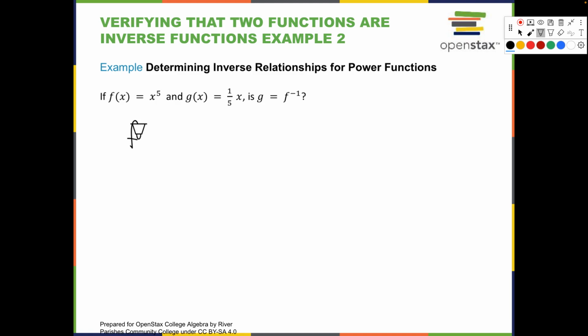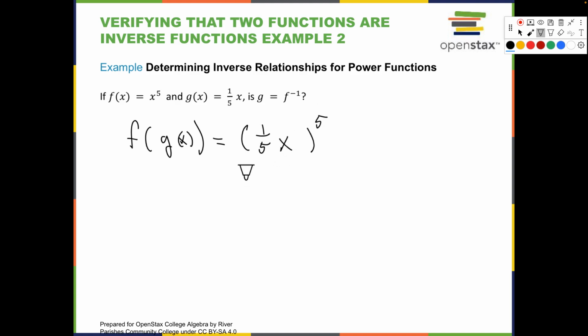So what we do is we do f of g of x. See if this works. F of x is x to the 5th, so take everything to the 5th power. G of x is 1/5 x. And then when we go to simplify, what happens?